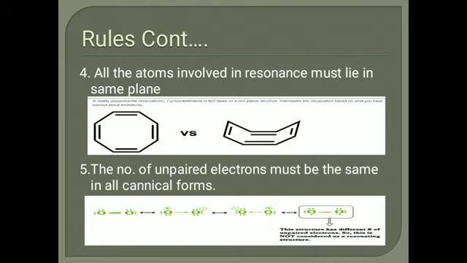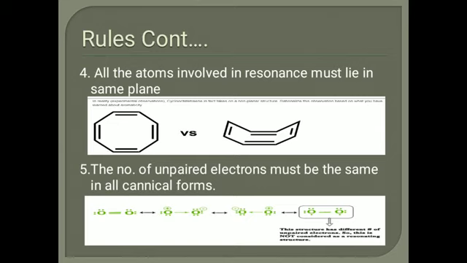So there is no resonance contributing structure, or there is no resonance, because the resonance atoms must lie in the same plane. The fifth rule is that the number of unpaired electrons must be the same in all the canonical forms, meaning all the resonance contributing structures, which are theoretical and which we write for understanding, must have the same number of unpaired electrons.